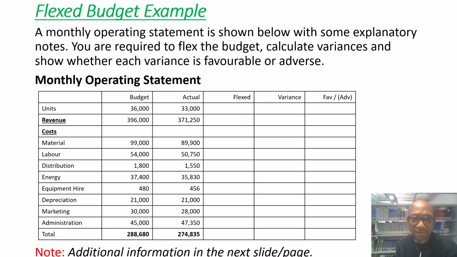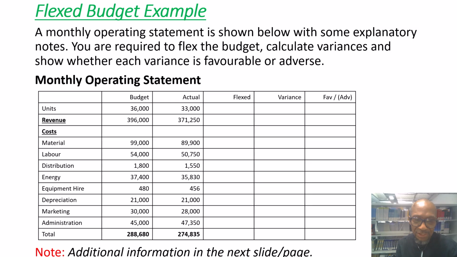You can see that the level achieved was quite below the expected level, 33,000 compared to expected 36,000. That's the reason for this exercise. We cannot compare the 33,000 actual level with the 36,000 expected level. We need to flex the budget to this 33,000 actual level and compare the flex budget for this level with the actual performance for this level.